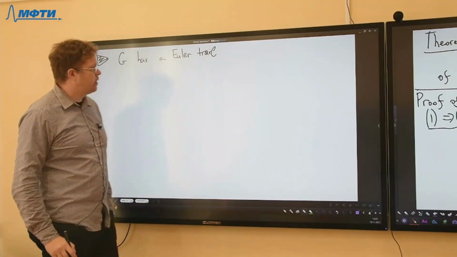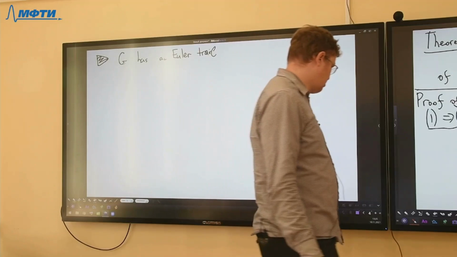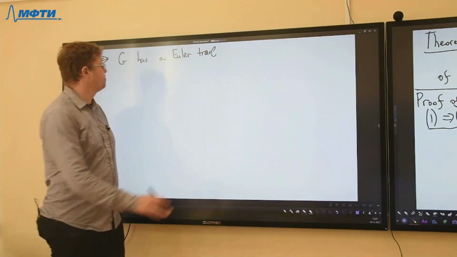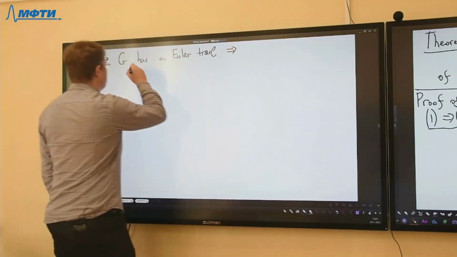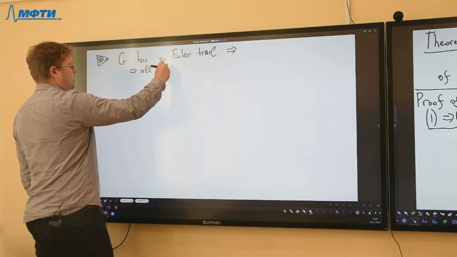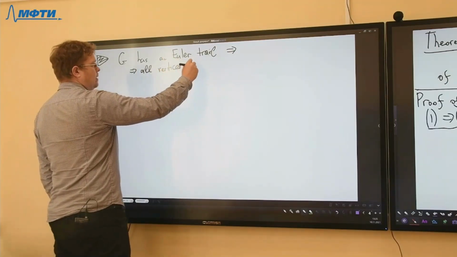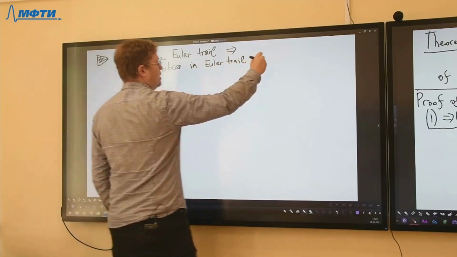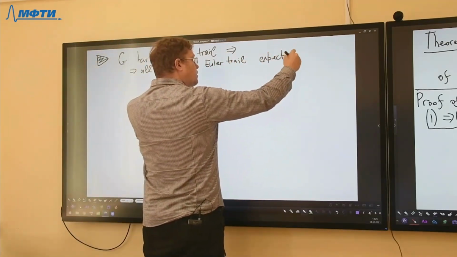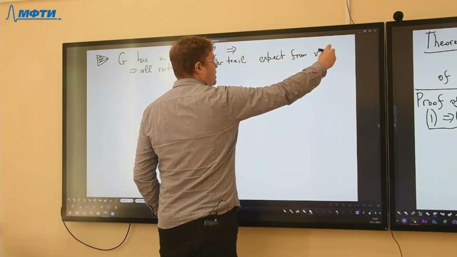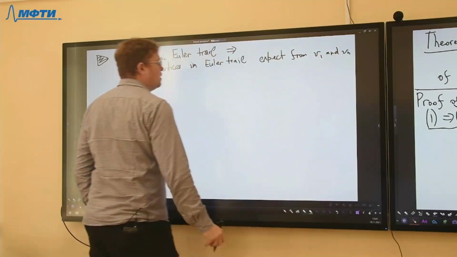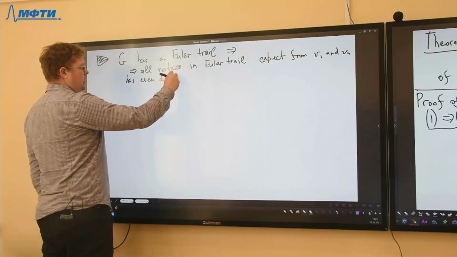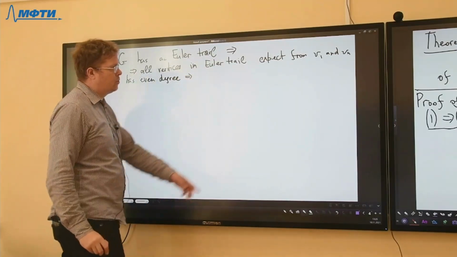If G has an Euler trail, again, we can calculate the number of vertices with even degree. Except for the first one and the last one, every vertex has even degree. This means that only these two can have odd degree.